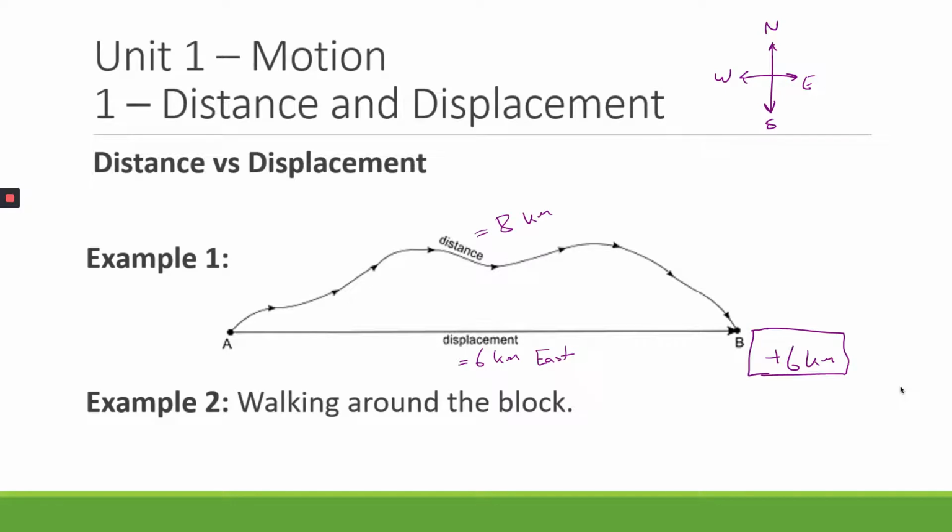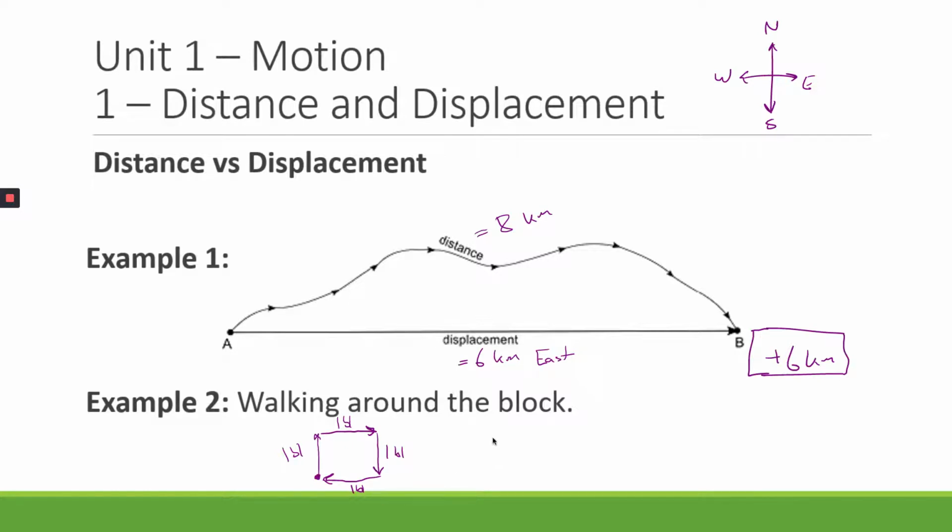All right, next example, walking around the block. So if I were to start here, and I want to take a trip around the block, so I walk 1 block north, then I walk 1 block east, then I walk 1 block south, then I walk 1 block west.